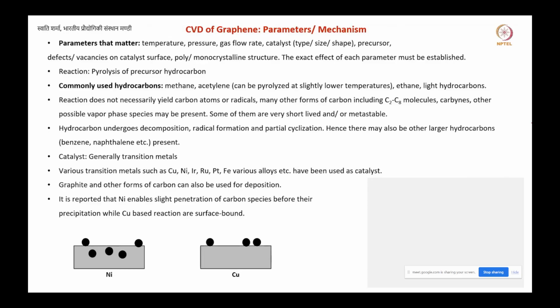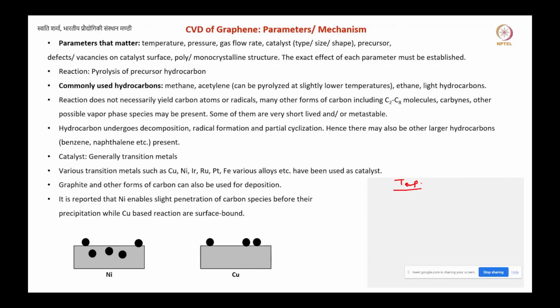So here the first thing is your temperature. Okay, so why is temperature very important? Every material has some unique properties and that changes along with the temperature, right?